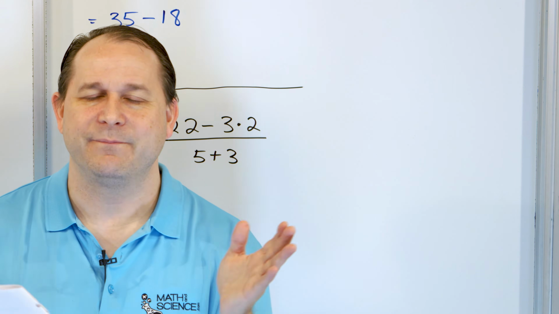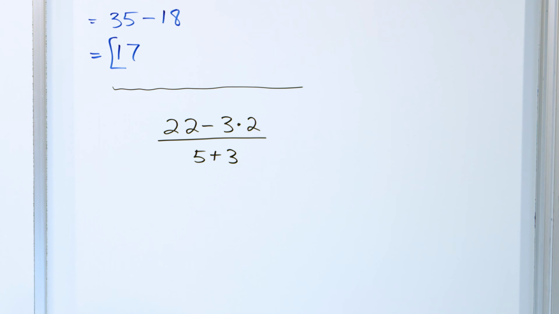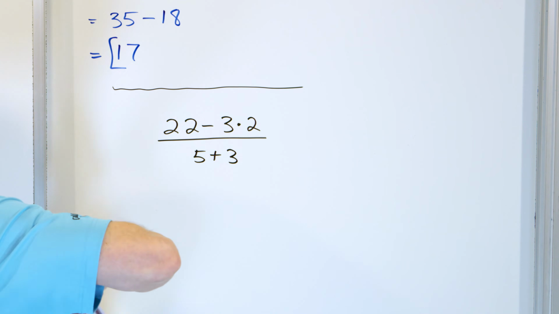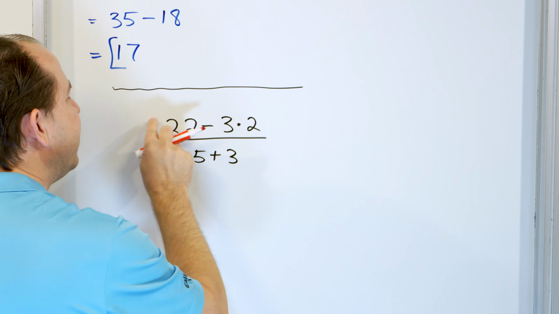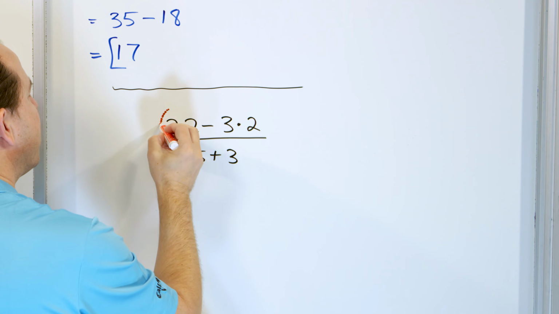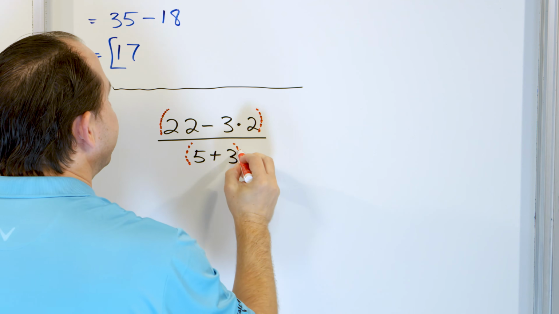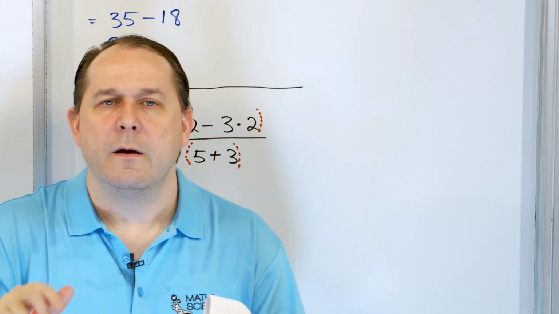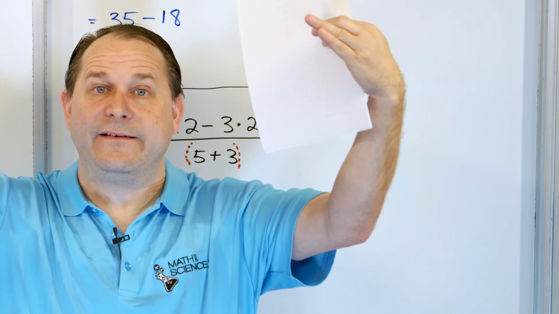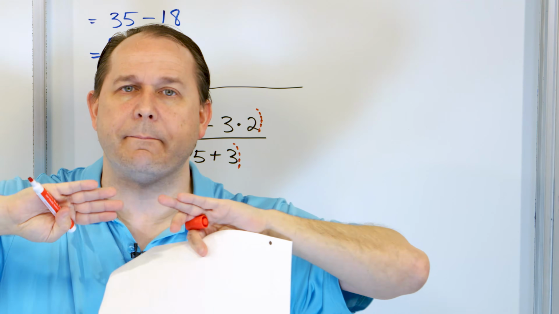Let me give you a tip. It's more than a tip. It's the thing that'll save you when you're doing these kinds of problems. When you have a fraction, whatever is in the numerator and the denominator, even if it's not written here, you need to imagine an invisible set of parentheses surrounding the numerator and the denominator. That fraction bar divides the entire top by whatever is on the bottom.